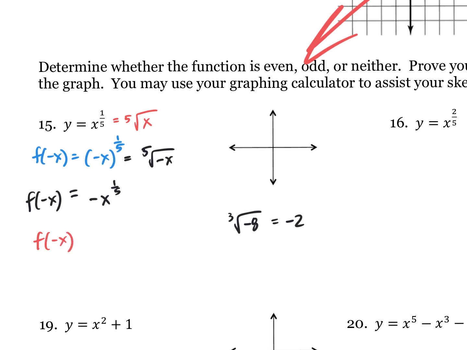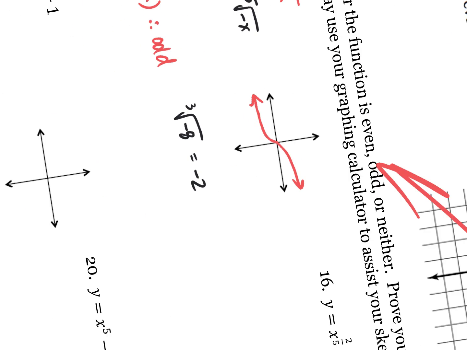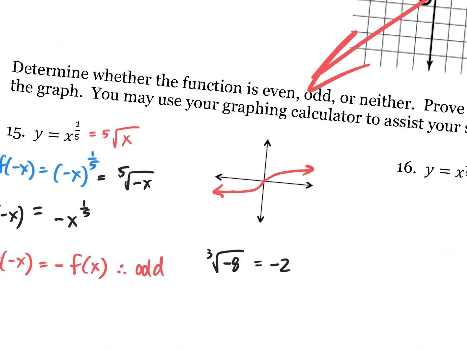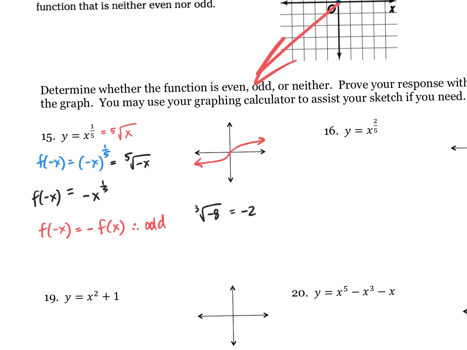We plug in a negative x and we get the opposite of what we started with. Therefore, it is odd. If I graphed it, it looks like this. If I rotate that 180 degrees, it's the same graph. That's why this one is odd.